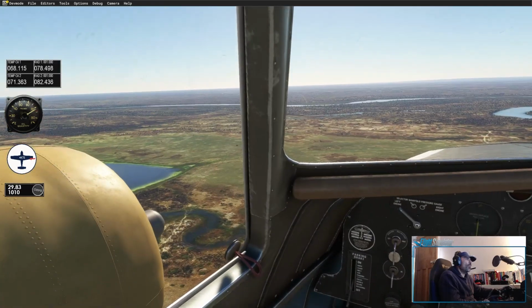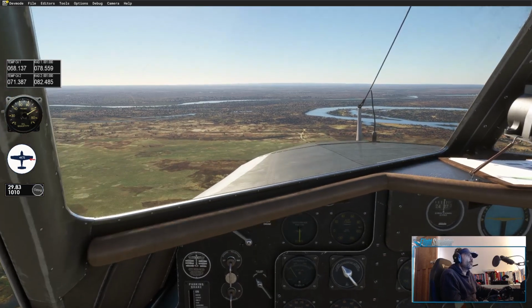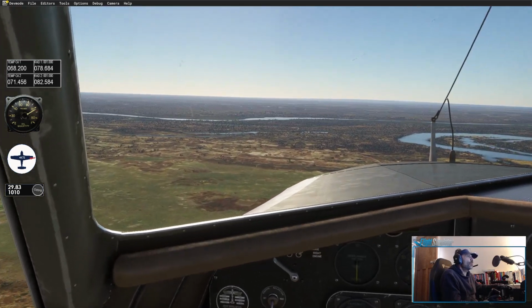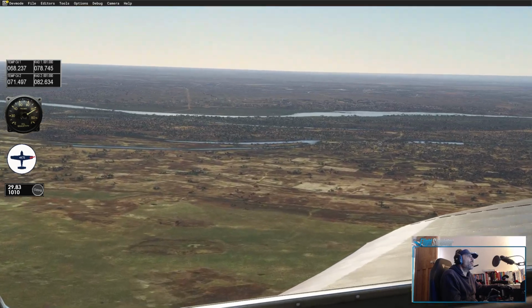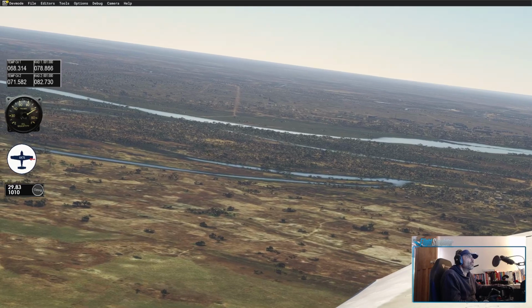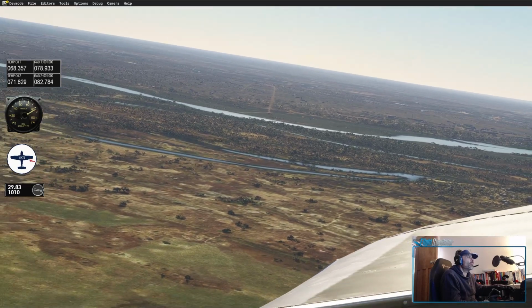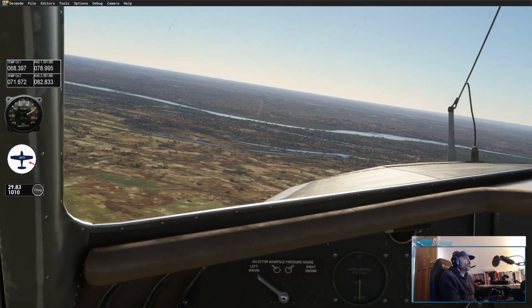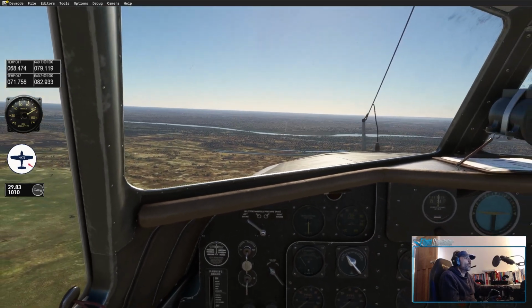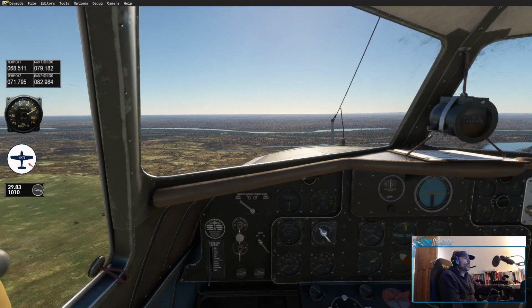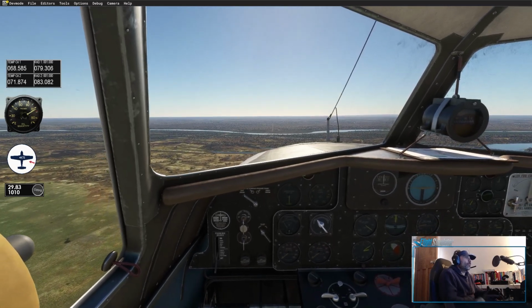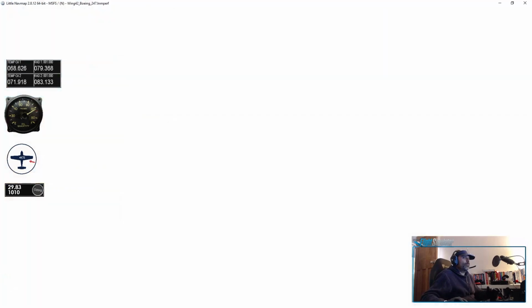Closing 01 gives me more room to play. Is this thing here the runway? I think it is. That thing is the runway, I think. Let me check.